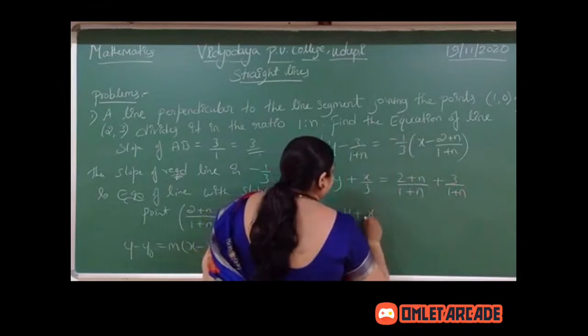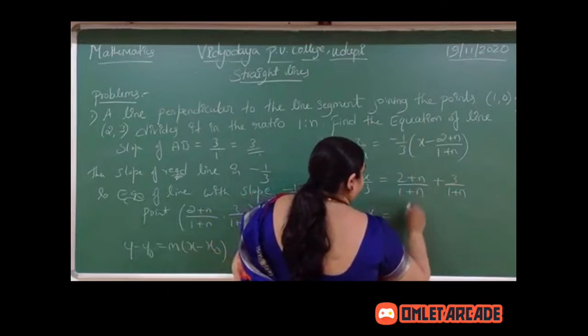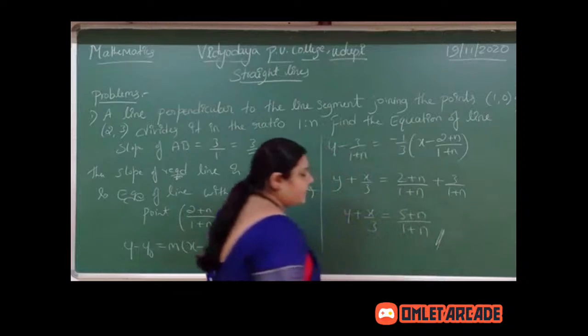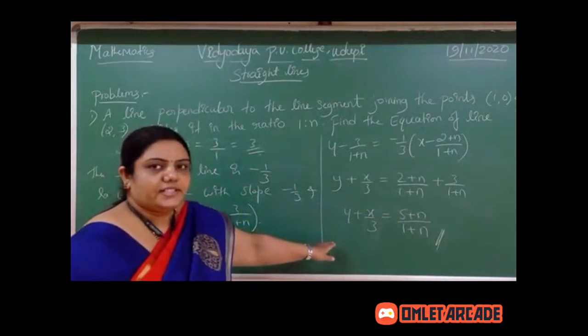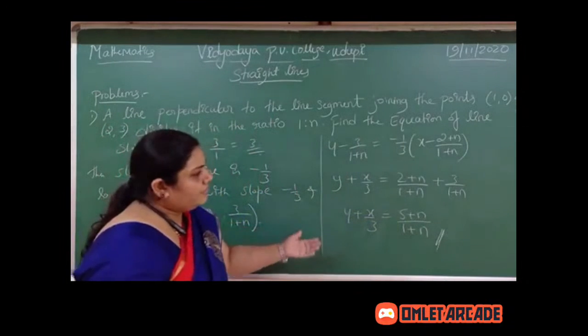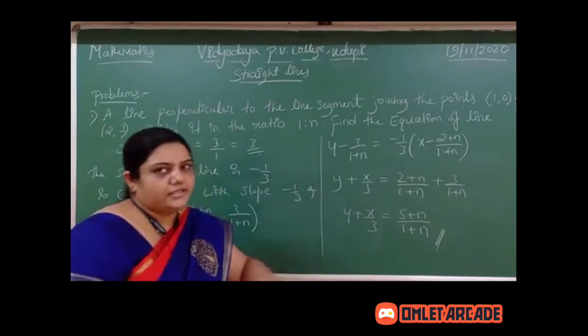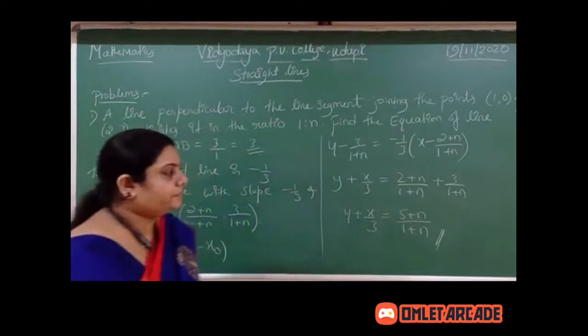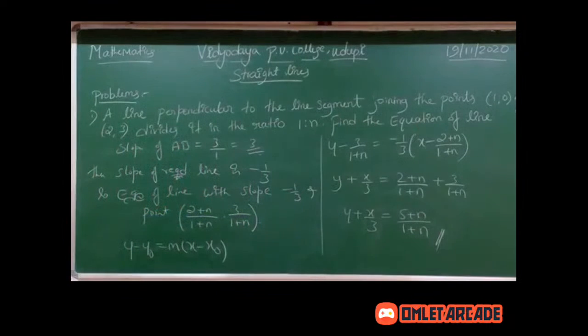So it is y plus x by 3 is equal to (5 plus n) by (1 plus n), isn't it? This is the equation of a line. If you want, you can continue this. I mean, you can simplify this a little more. So this is the required equation of the line.